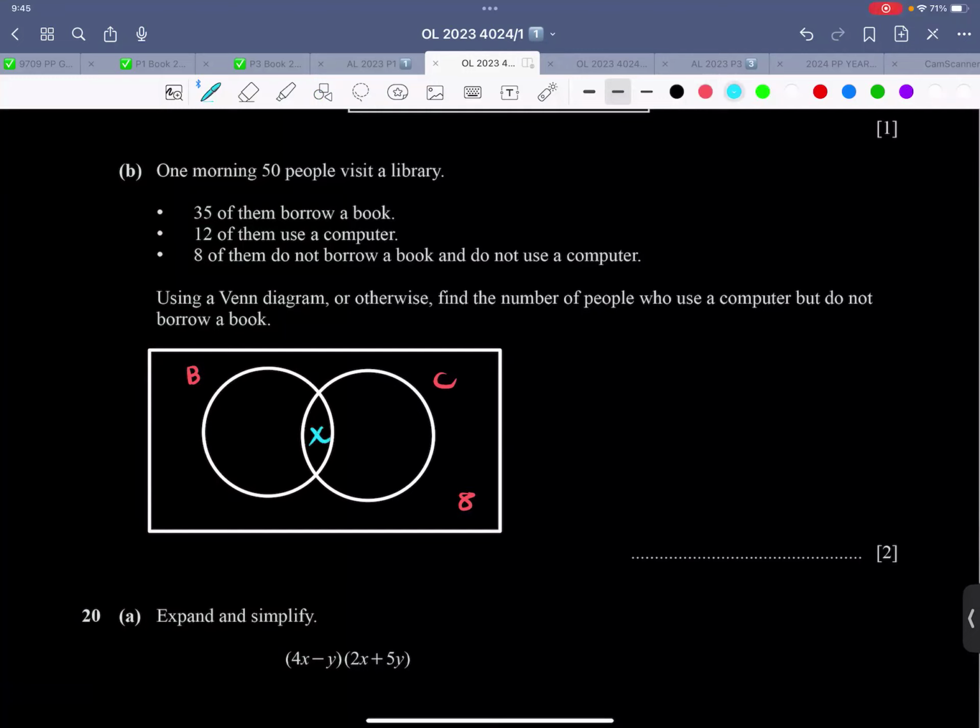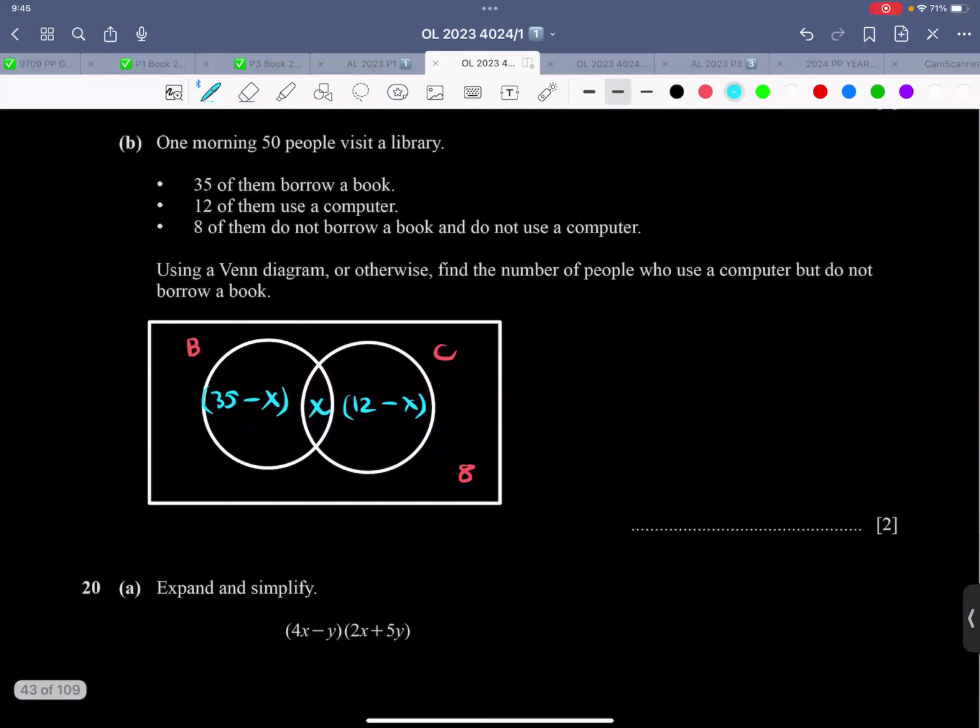Let the middle common one be x. So 35 minus x, that is only book. And 12 minus x, that is only computer. Now, all this added should equal 50. So therefore, I'll write 35 minus x plus 12 minus x plus 8 equals 50.